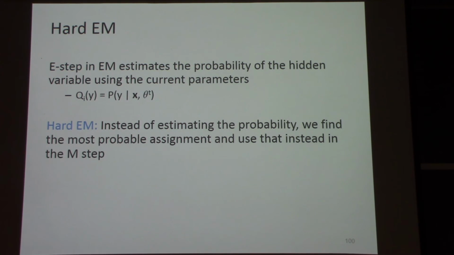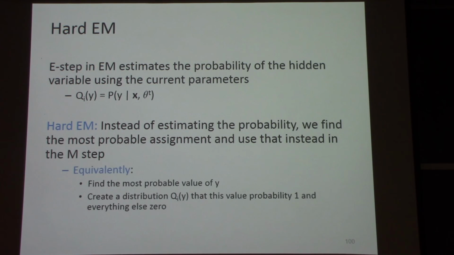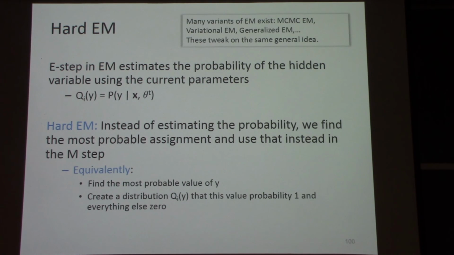The choice of whether you should do this versus not is an open question. It seems that some problems and some data sets are better suited to hard EM, whereas some are better suited to soft or real EM. There are other variants of EM, just a few that I found in a quick Google Scholar search.